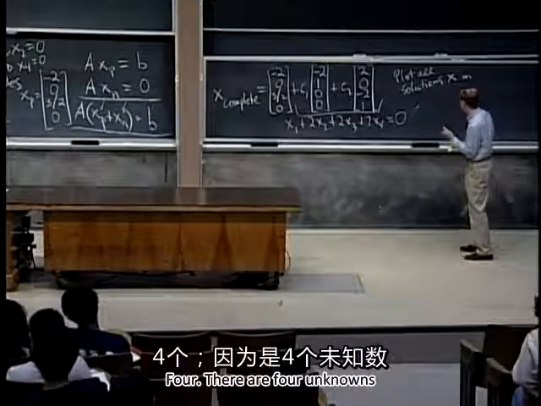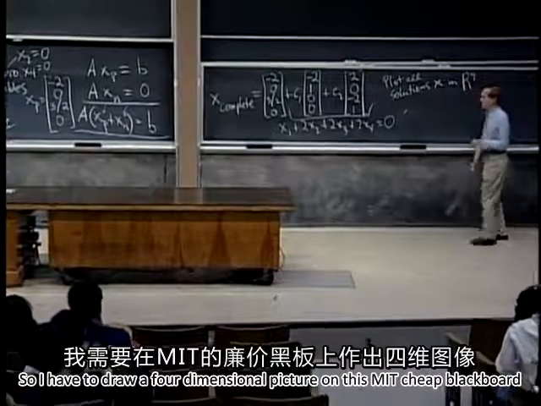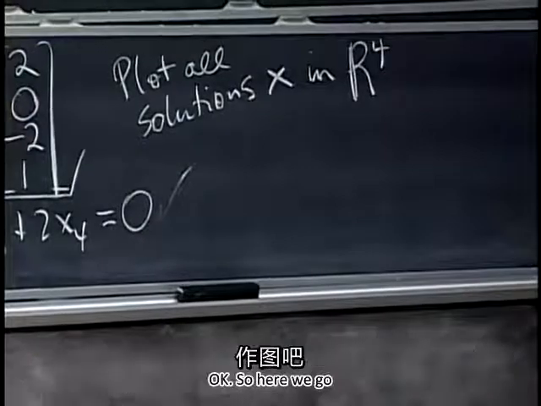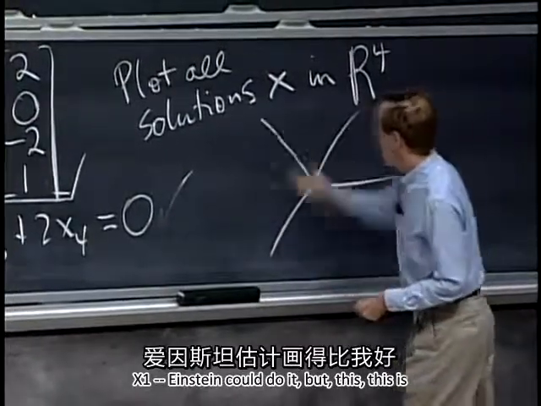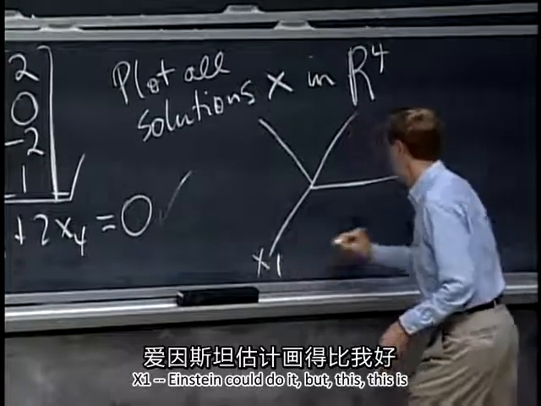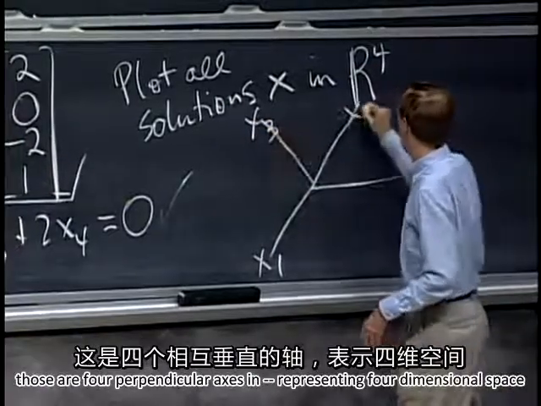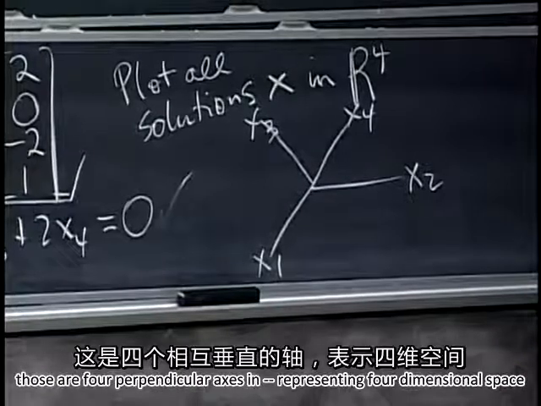There are 4 unknowns. So I have to draw a 4-dimensional picture on this MIT cheap blackboard. Okay, so here we go. x1, Einstein could do it, but those are 4 perpendicular axes representing 4-dimensional space.